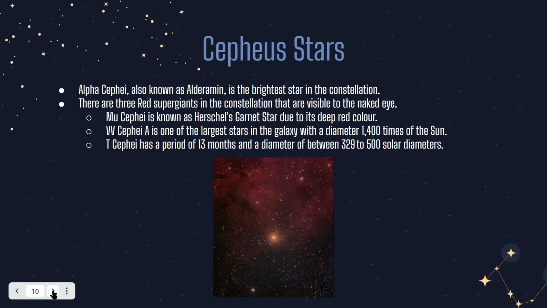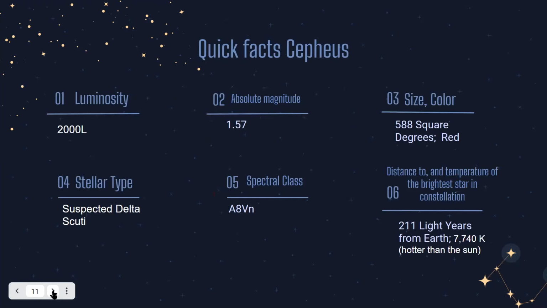VV Cephei is one of the largest stars in the galaxy with a diameter of 1,400 times that of our sun, and T has a period of 13 months and a diameter of between 329 to 500 solar diameters. Some quick facts of Cepheus. The luminosity is 20 L. Absolute magnitude 1.57.